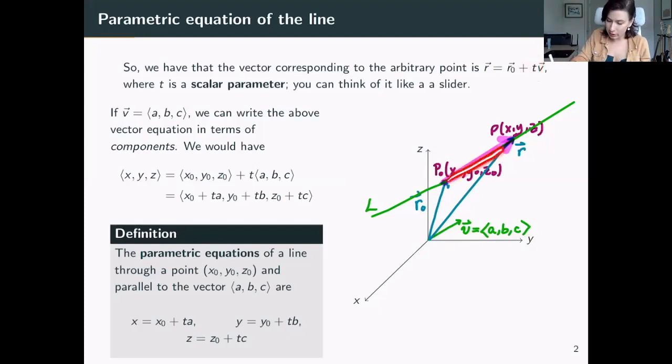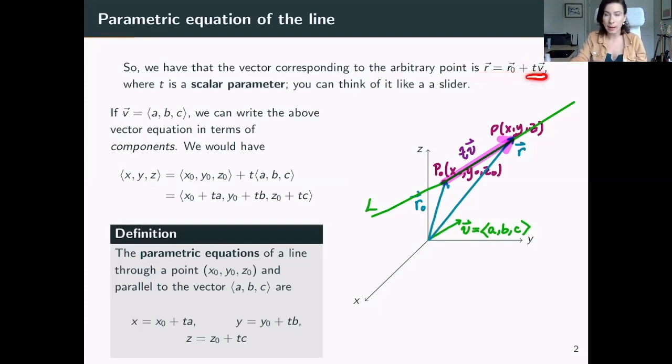So this vector here, again, is in the same direction as v with a different magnitude. So this vector here we can call t times v. Thus, we end up with our vector r being equal to r naught plus t times v.